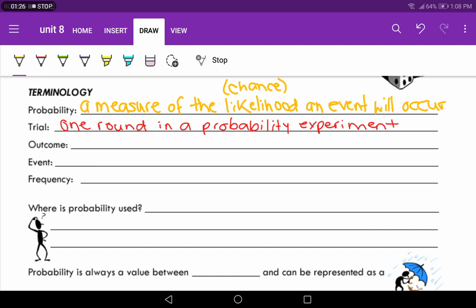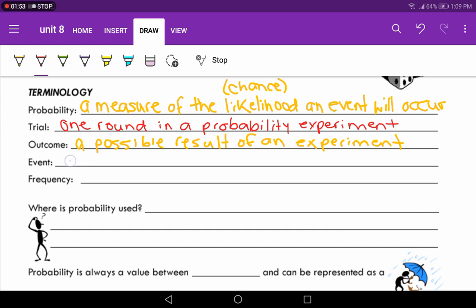An outcome is a possible result of an experiment. So you'll notice that in the definitions of each of these, you kind of see the other vocabulary word involved. So they're all related here.